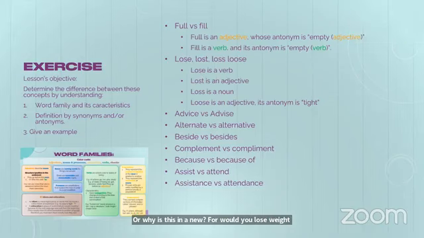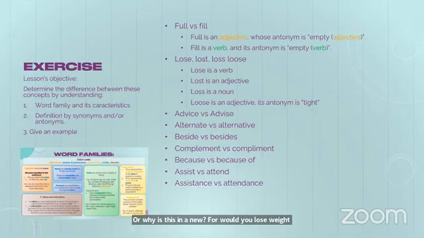At a funeral, you normally tell the person, I am sorry for your loss, because the person lost a family member.